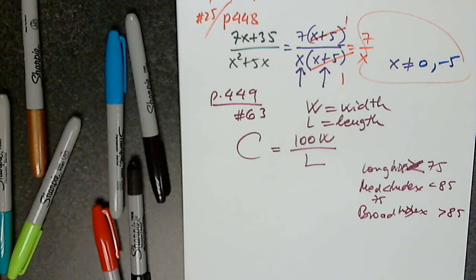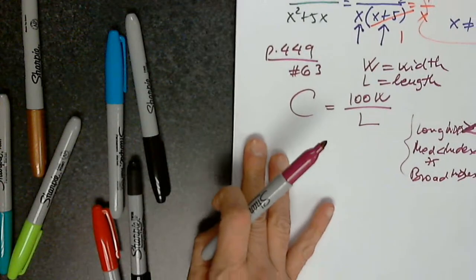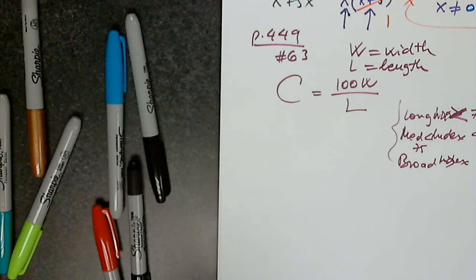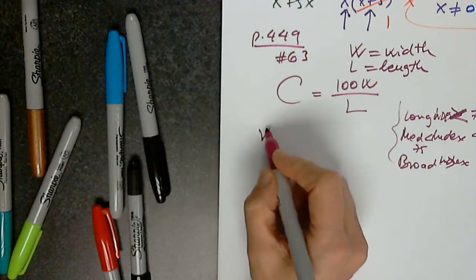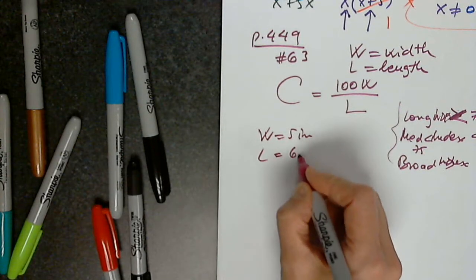Okay. Find the cephalic index of a skull that is 5 inches wide. So now I understand that that was not necessary, but I wanted to have it there. So width 5 inches and length 6.5.